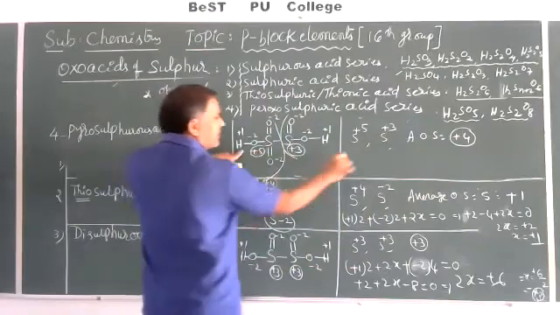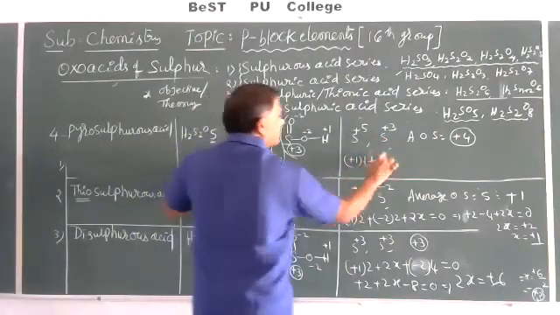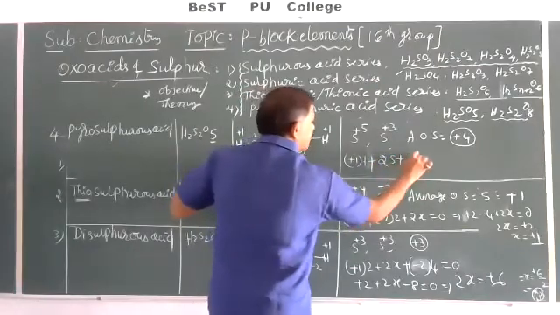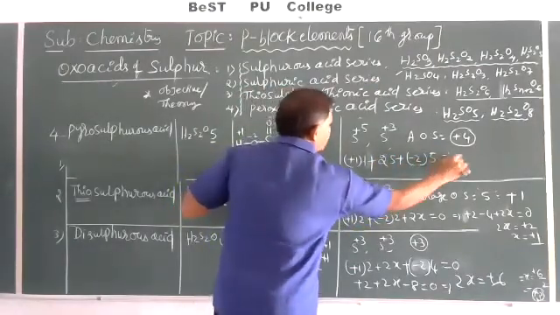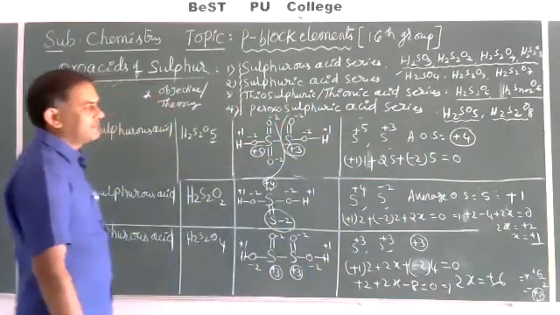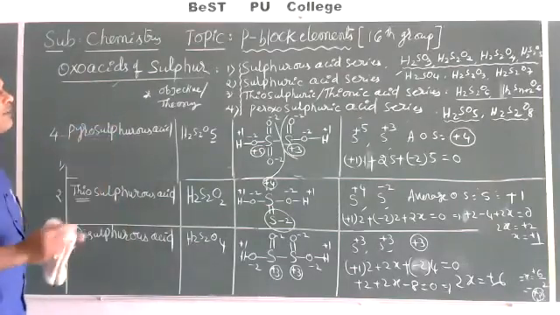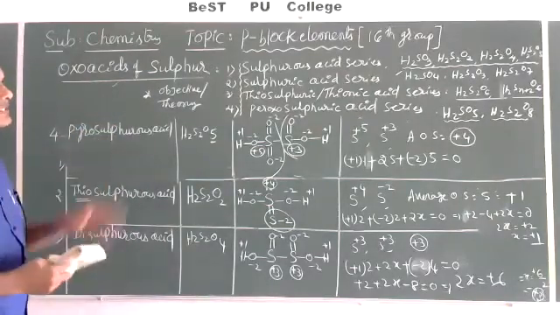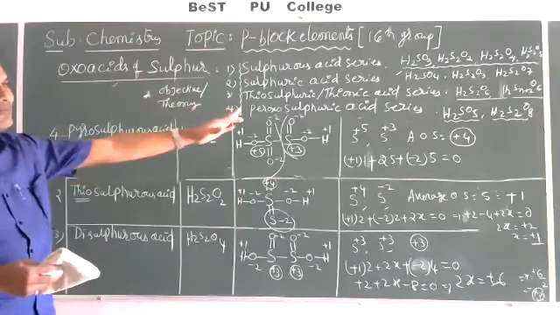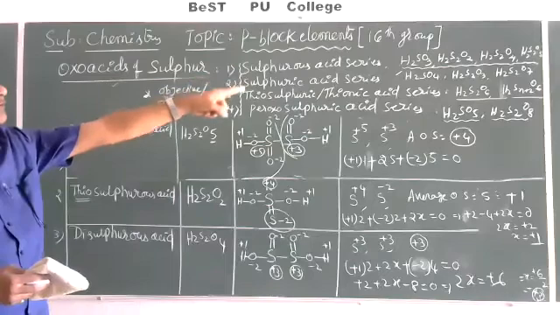We can calculate like 2 hydrogen atoms plus 2 sulfur atoms plus -2 into 5 oxygen atoms. We can take the average as +4 oxidation state. These are the 4 important sulfurous acid series: sulfurous acid, thiosulfurous, disulfurous, and pyrosulfurous acid.